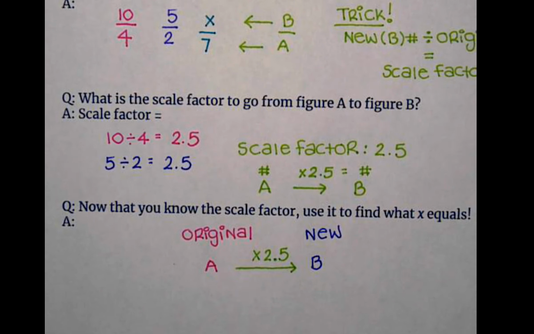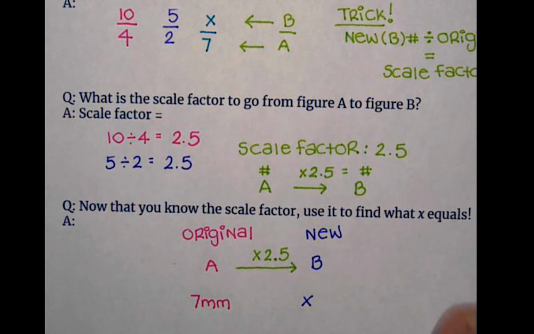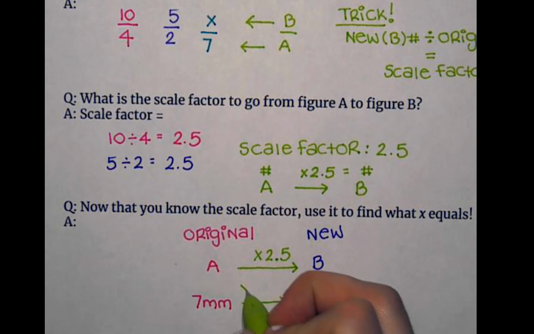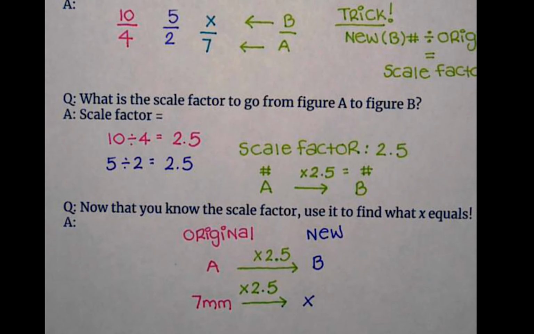So if you look at the triangle that we were just doing, our original has 7 millimeters and has x for B, which is really just a blank. We don't know what that number is. But we can find out because we have to times 7 by 2.5 in order to find x.